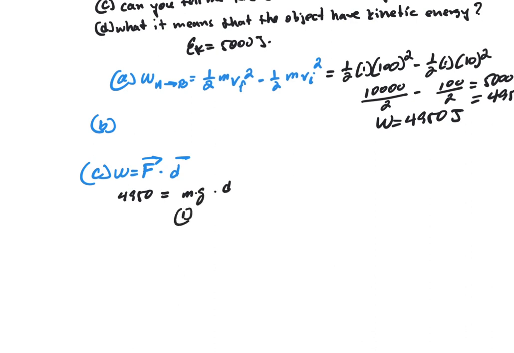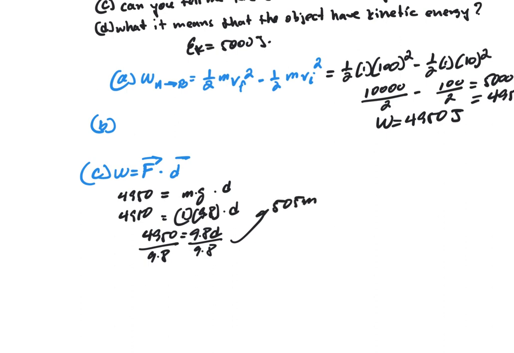So it's 9.8 times D. 4950 equals 9.8 D. To solve for distance, 4950 divided by 9.8 comes out to 505 meters.